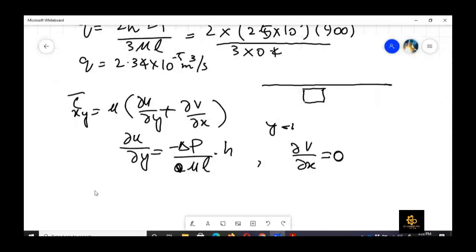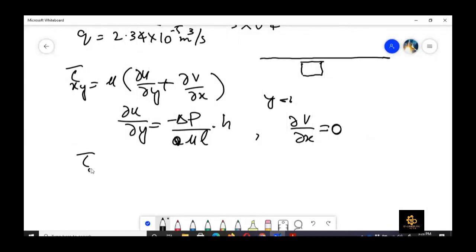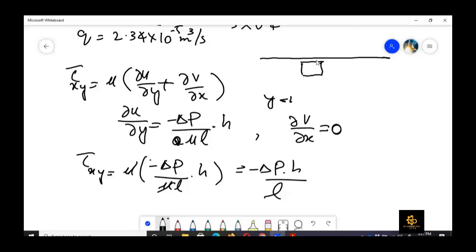So let's put this value here. Tau xy is mu into minus delta p upon mu L into h. Now mu would cancel, and this is minus delta P h divided by L. Now this is the shear stress which is being applied on this fluid element by the pipe.